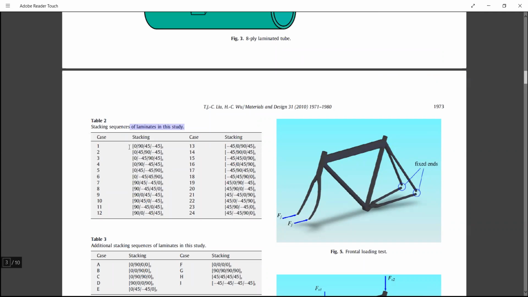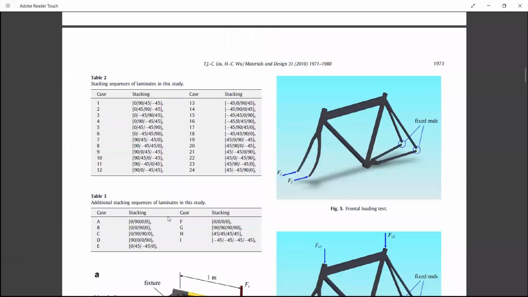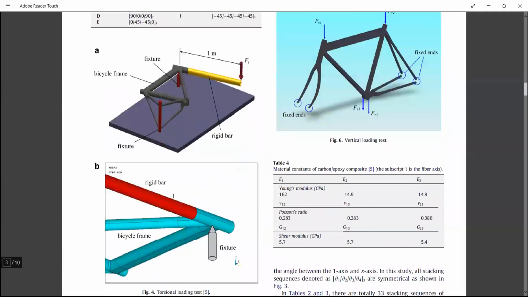Okay, so they are going for different options. They need to arrive at the best fiber orientation and the stacking sequence. Okay, so for that they do this for different cases and look at the stresses.